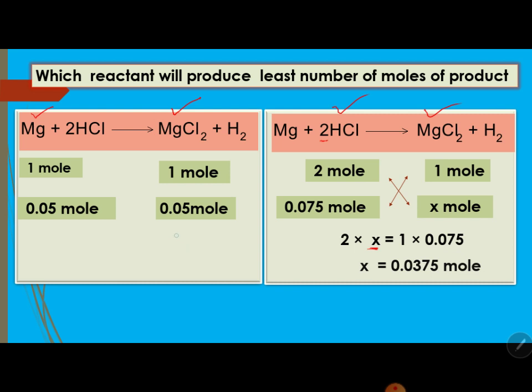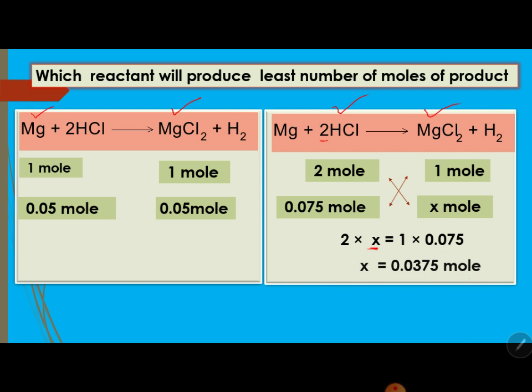Now we will compare the number of moles of magnesium chloride that can be produced by the given quantity of magnesium and by the given quantity of HCl. From the given quantity of magnesium, 0.05 moles of magnesium chloride can be produced, while from the given quantity of HCl, 0.0375 moles of magnesium chloride can be produced.